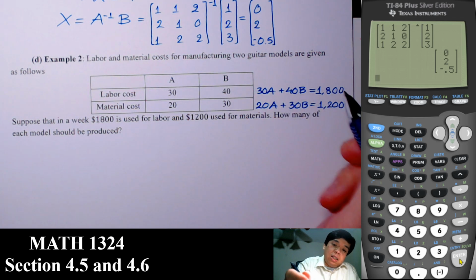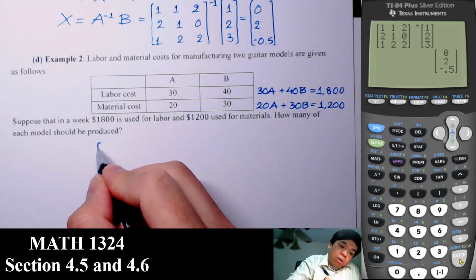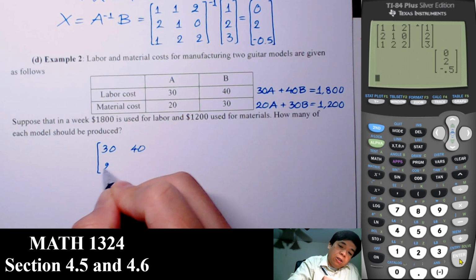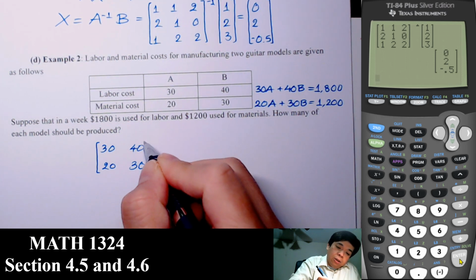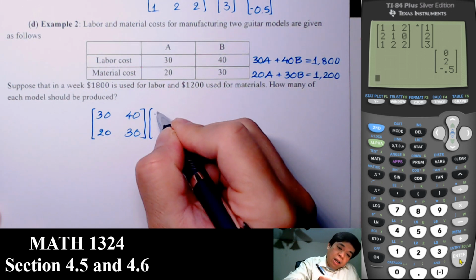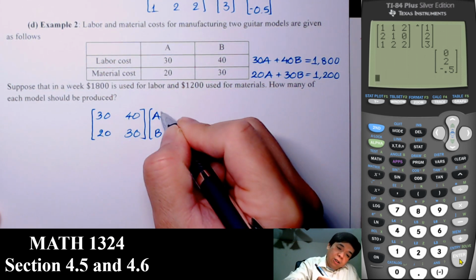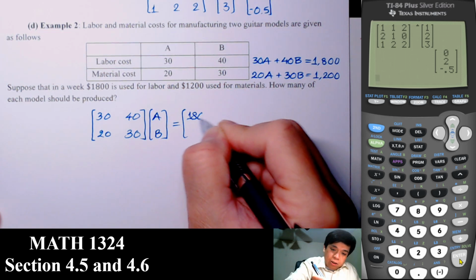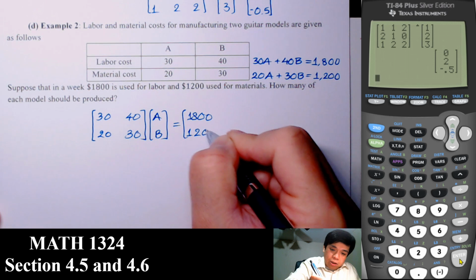Alright, so in that case we just have the matrix multiplied by x, A and B, equal to 1800 and 1200.